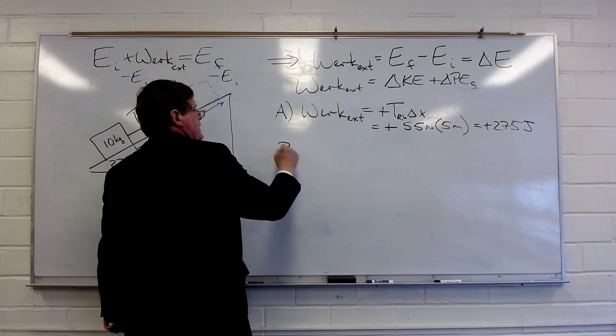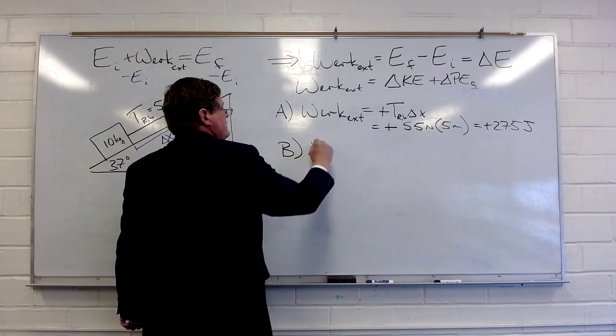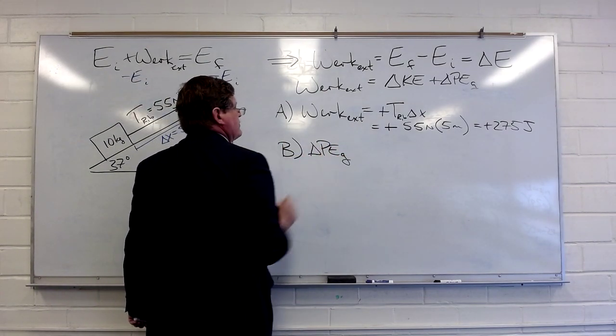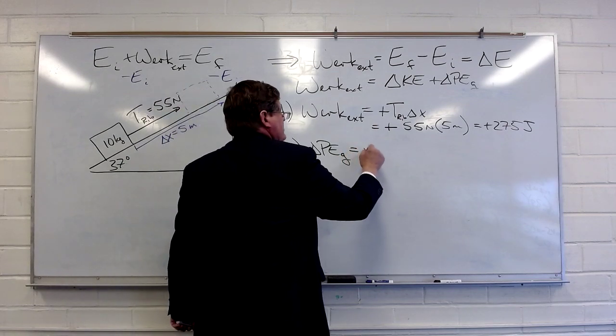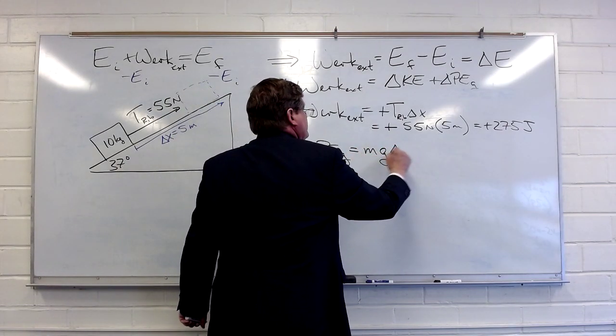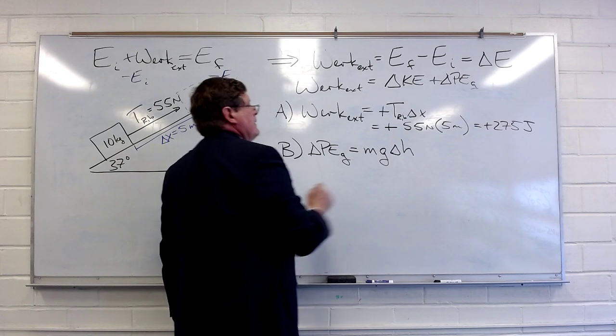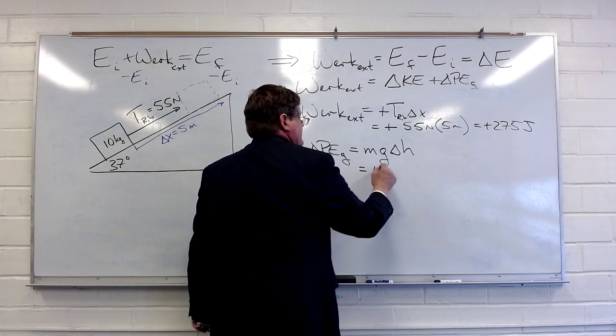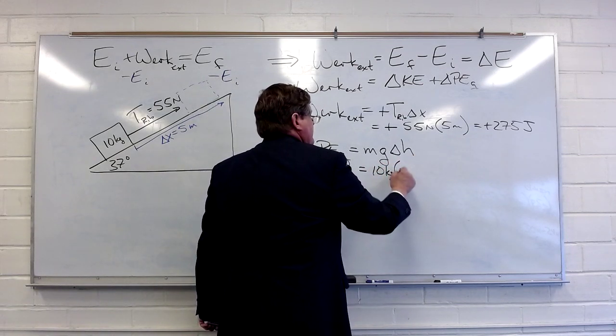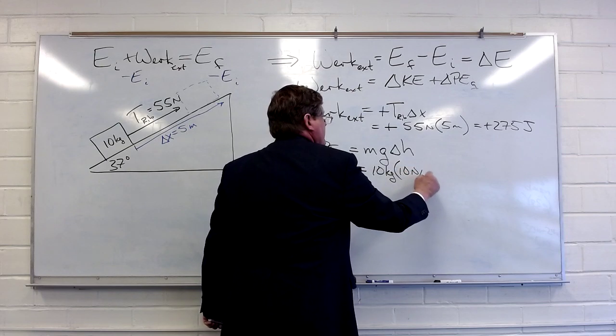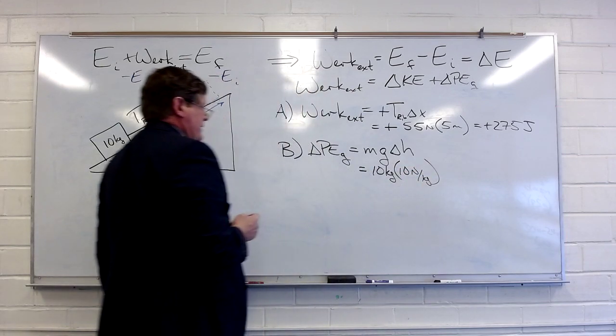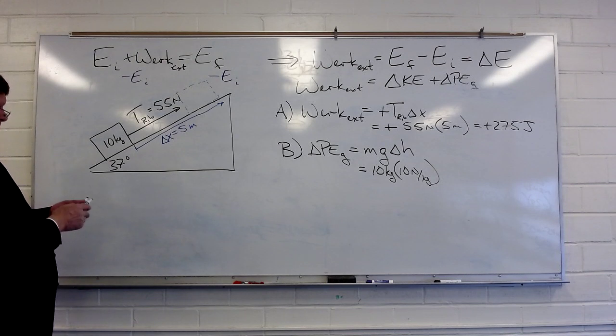Now, part B again is find the change in gravitational energy. Well, again, that's just mg times the change in height. Well, that's going to be 10 kilograms times 10 newtons for each kilogram. And now we need to find the change in height.